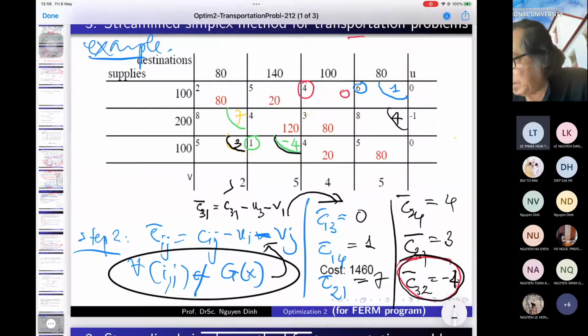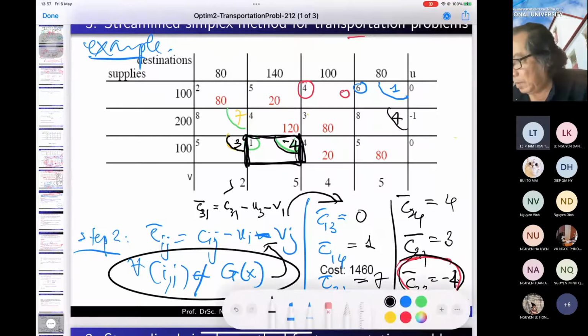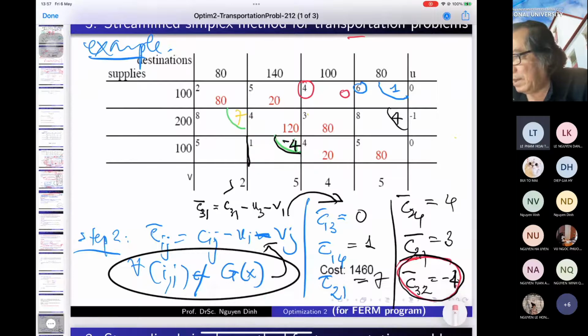C bar 3, 2 here is minus 4. It's negative. So it means we choose this cell as the entering variable, the entering cell. We put it into GX. Is that okay? And so you take a look. We forget everything else.